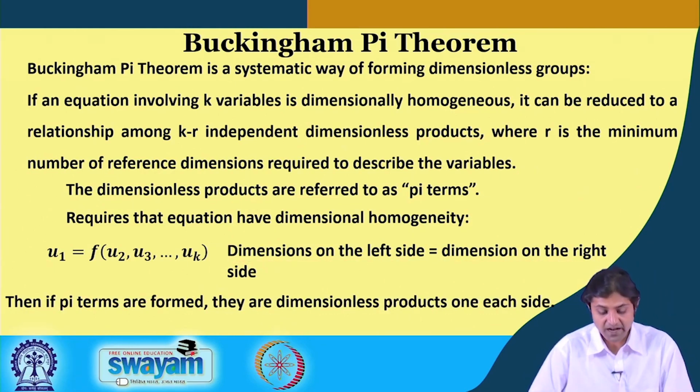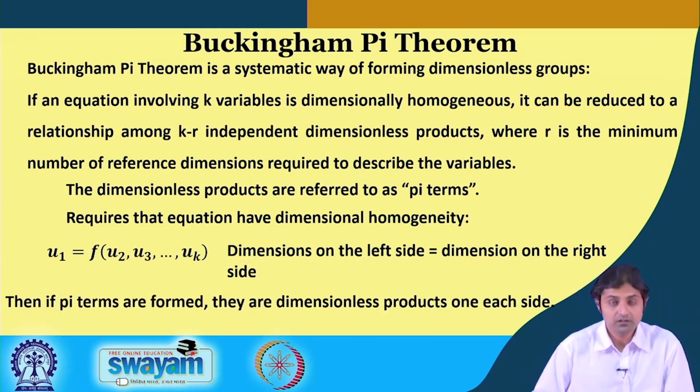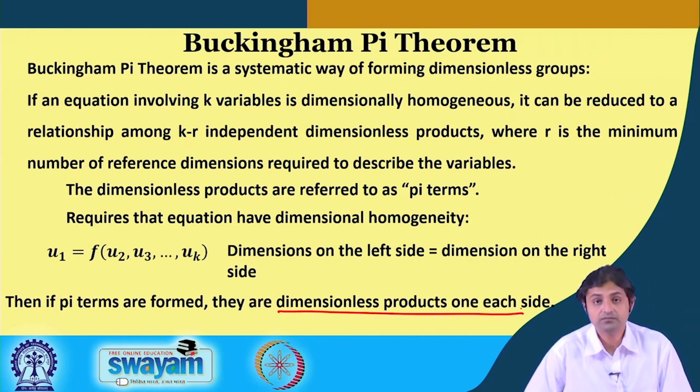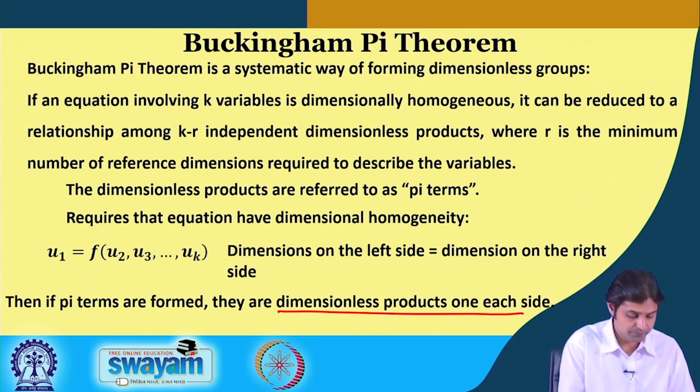So, then if pi terms are formed, they are dimensionless products, one each side. Okay. So, then if pi terms are formed here, then these will be dimensionless groups.